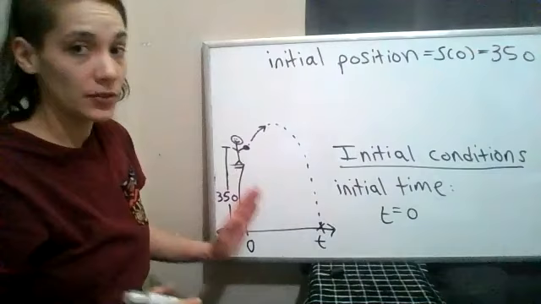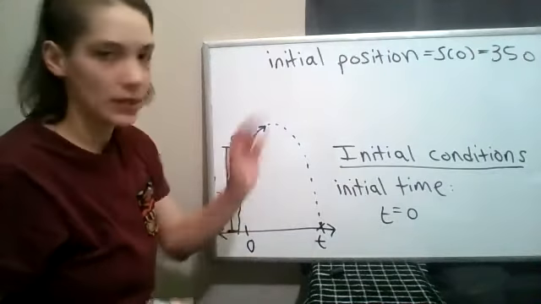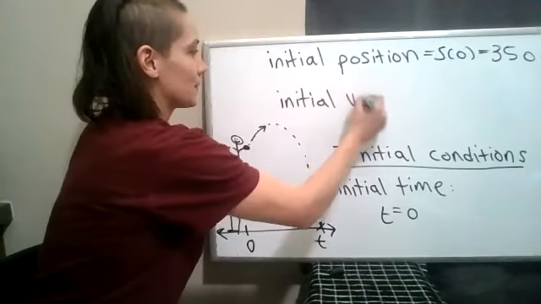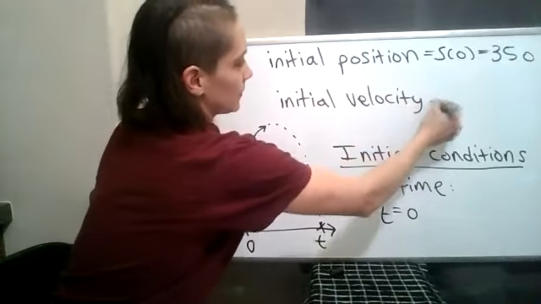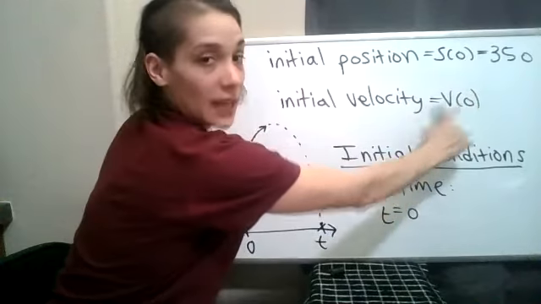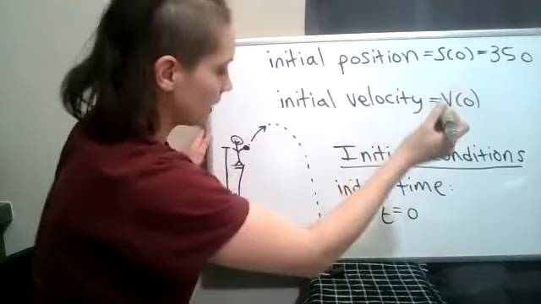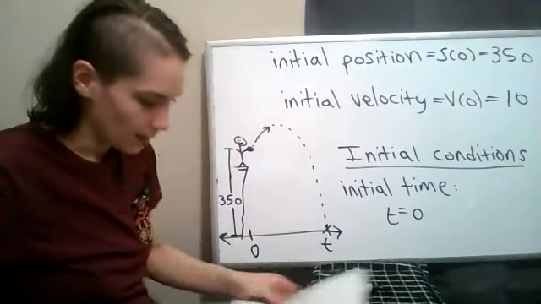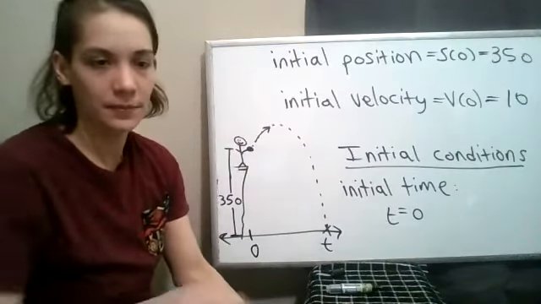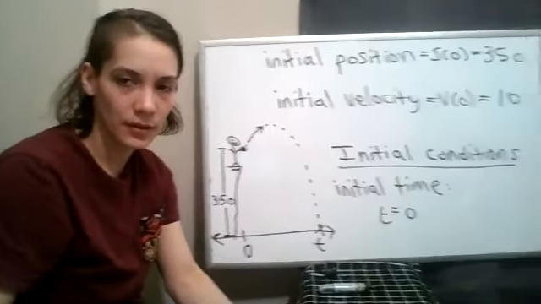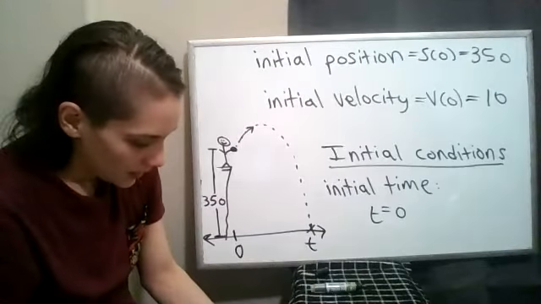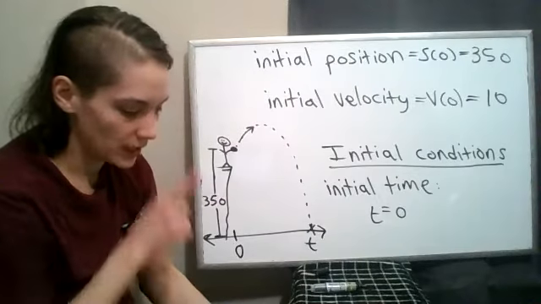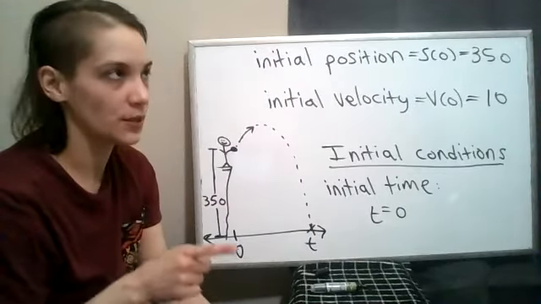Okay, and then the initial velocity is v of 0, which was 10. So velocity at time 0 is 10 feet per second. That's all the information we have. We're going to use the acceleration function, get an antiderivative, and that gives us the velocity function.